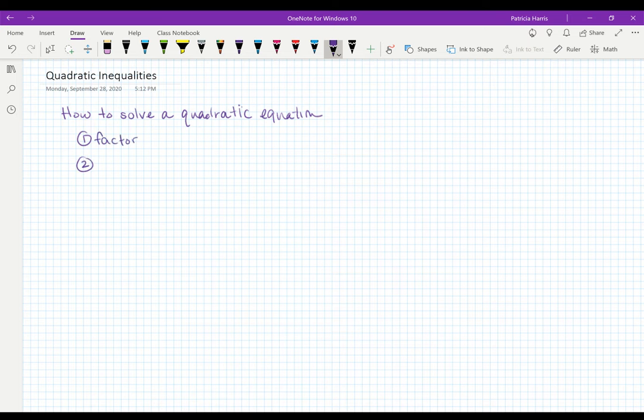We can graph. We can square root it if it's in the correct form. And we can also use something called the quadratic formula. All of these methods do apply to solving a quadratic inequality.